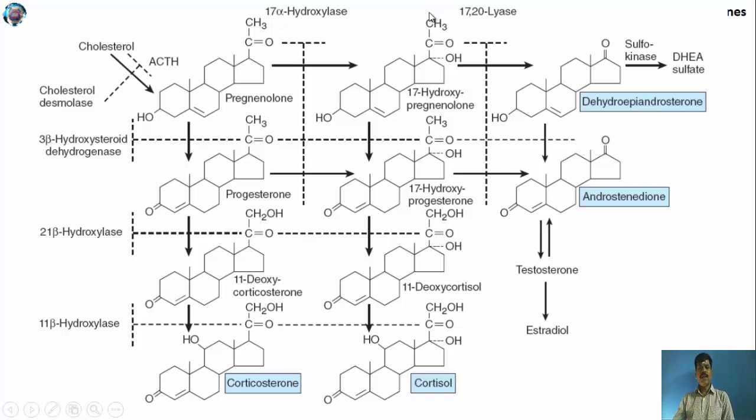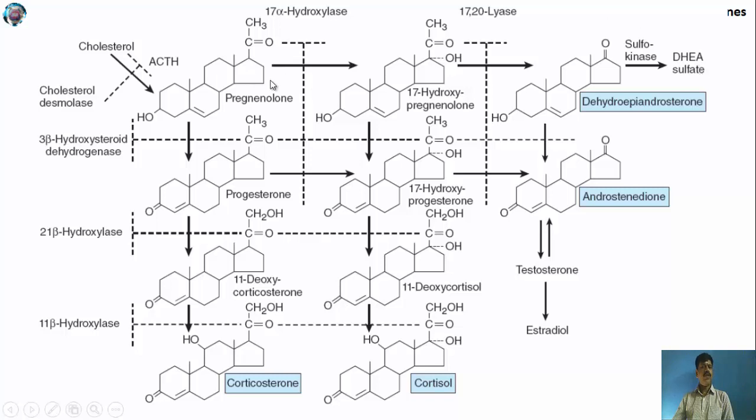When you remove the acetyl group by the action of the enzyme 17-20 lyase, you will get dehydroepiandrosterone. Then this is acted on by the sulfokinase enzyme, which leads to DHEA sulfate.